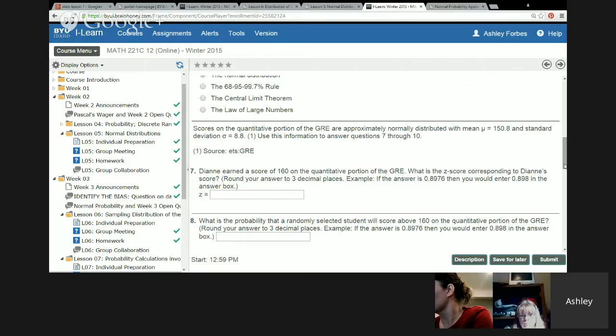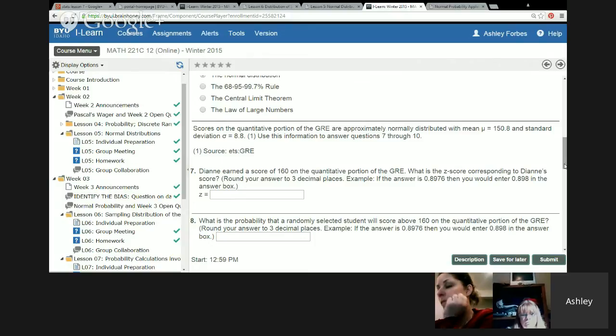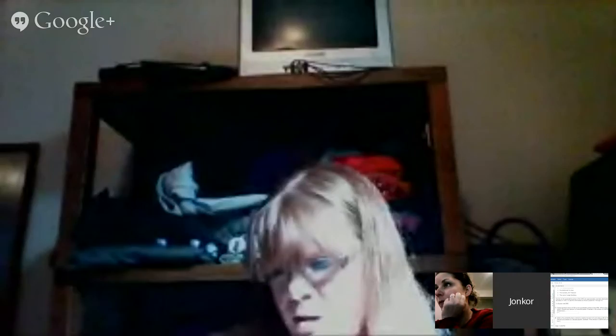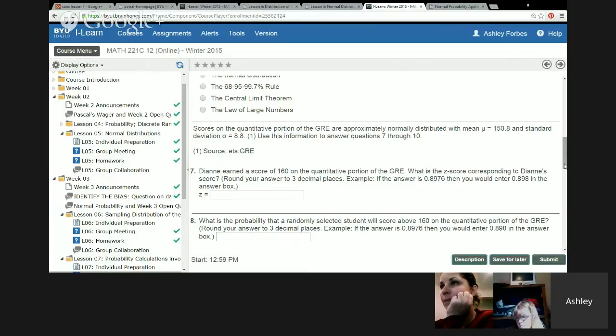Is this just, we don't need the square root or anything because it's not a sample, right? Right. So it's just 160 minus 150.8 divided by 8.8.